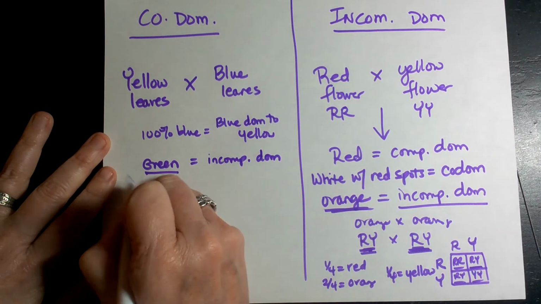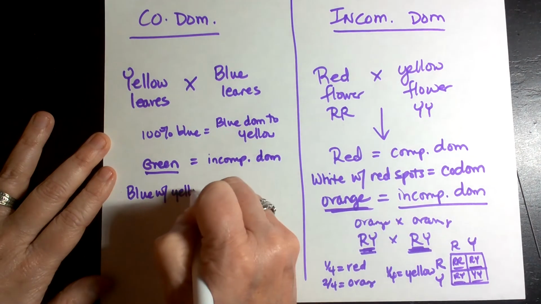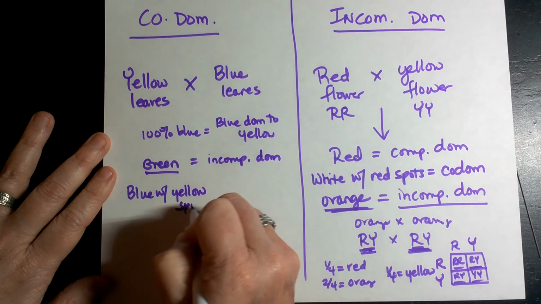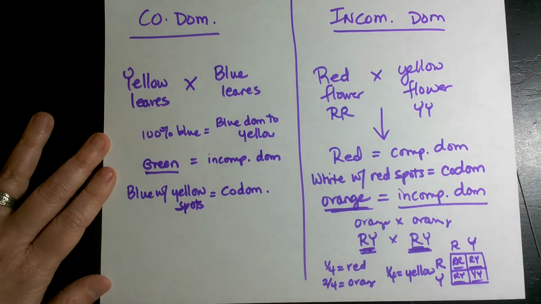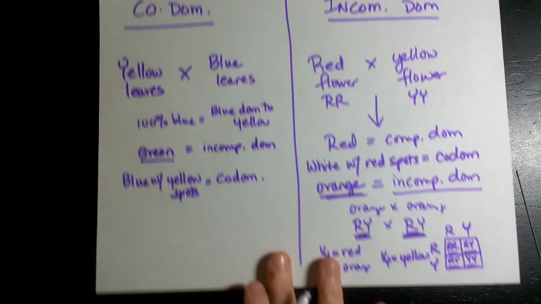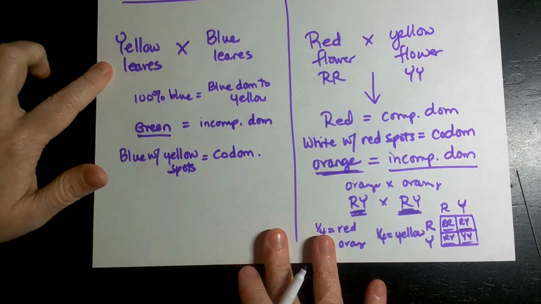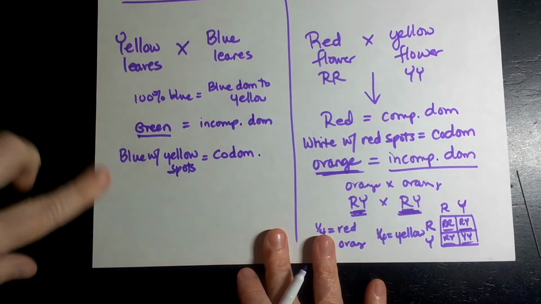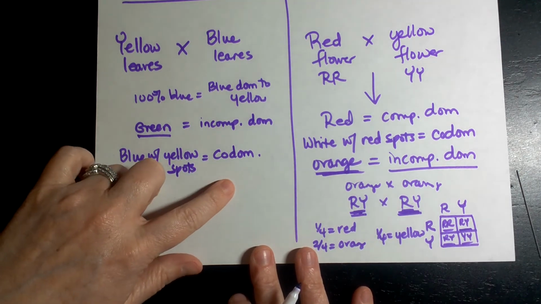But if we mixed them and we got blue with yellow stripes or yellow spots, how about that? Then we'll know it's codominance, because yellow didn't beat blue and blue didn't beat yellow. They both showed up. So if I told you that a yellow leaf plant mixed with a blue leaf plant makes a blue leaf with yellow spots, you have to know that's codominance.